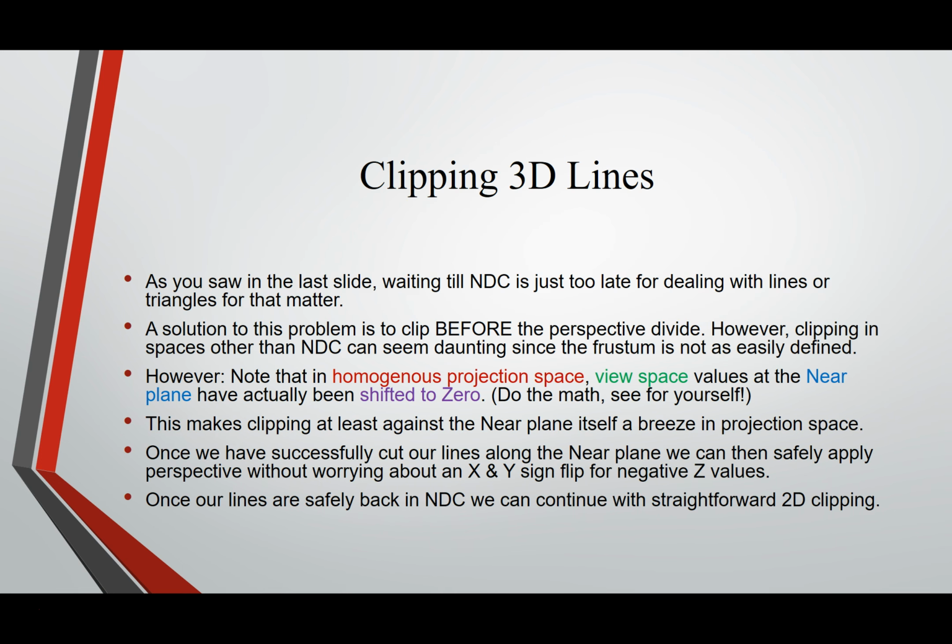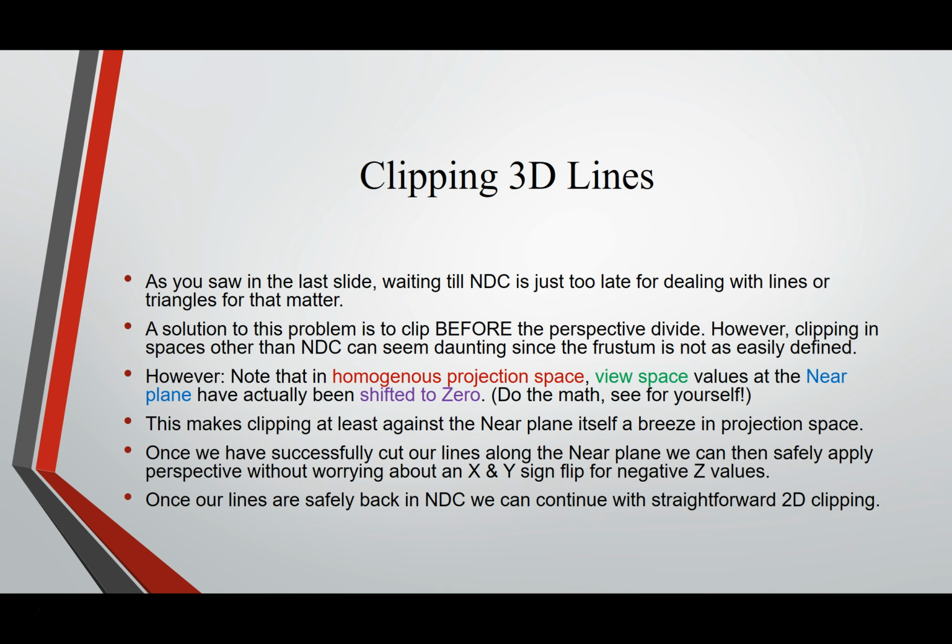All right, so clipping 3D lines. We need to talk about this. How can we deal with this now that we are aware of this problem? Problem is NDC is just too late, right? If we let things go to NDC, then lines and triangles will already have been permanently changed.